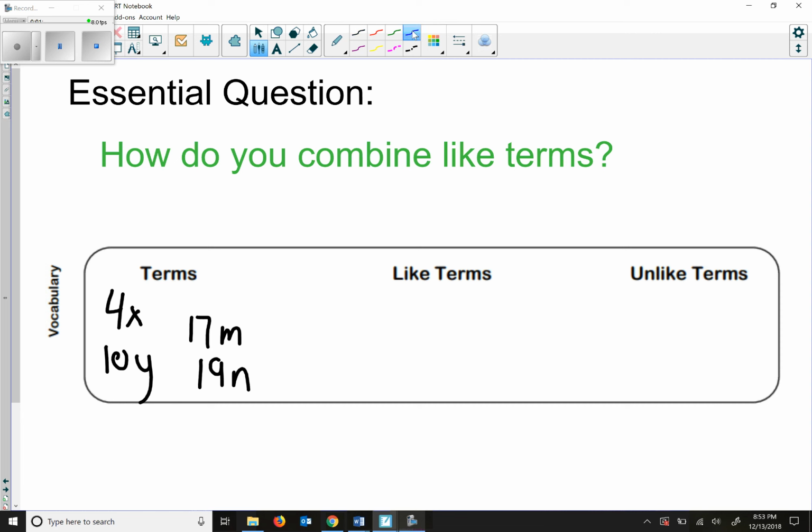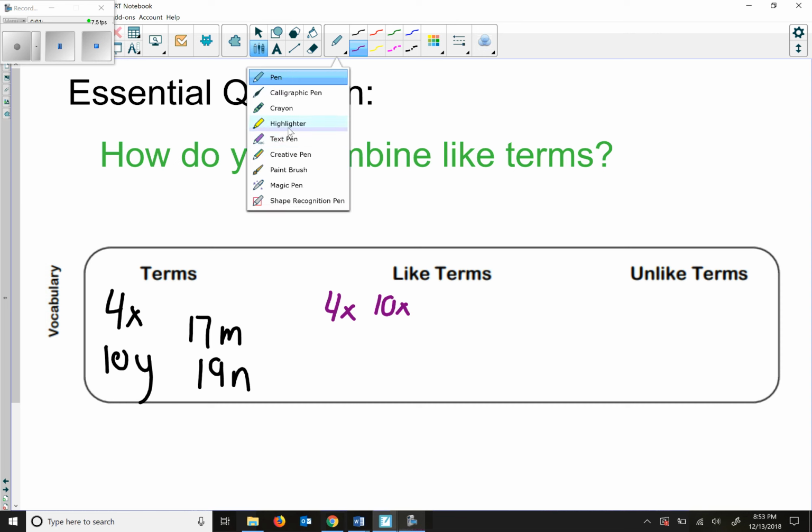Okay? Now, if we wanted to talk about like terms, something like 4x and 10x would be like terms because they have the same variable.